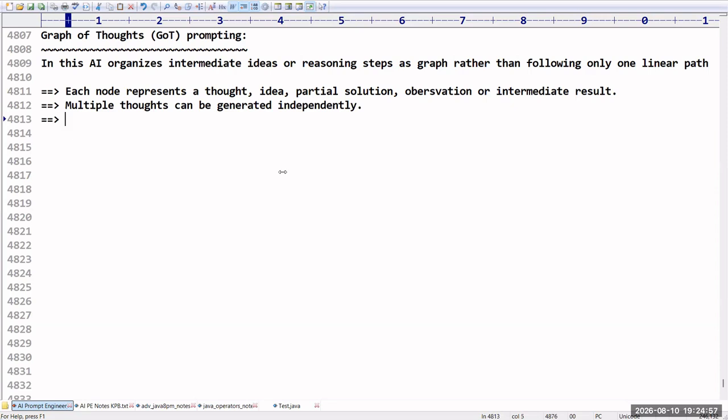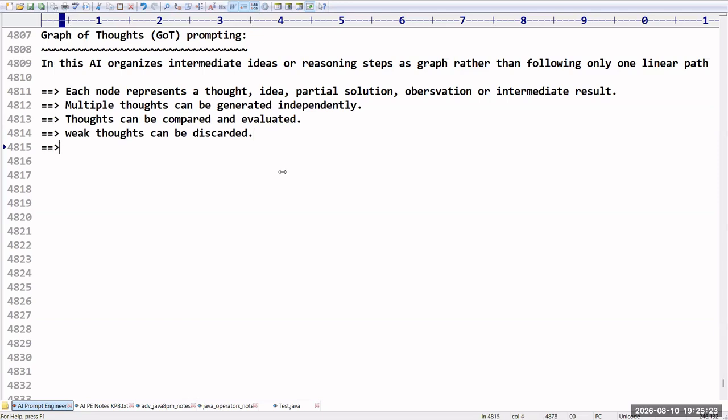From this, what are we going to do? These thoughts can be compared and evaluated independently. If any thought is very weak, that weak thought can be discarded. You can remove that.